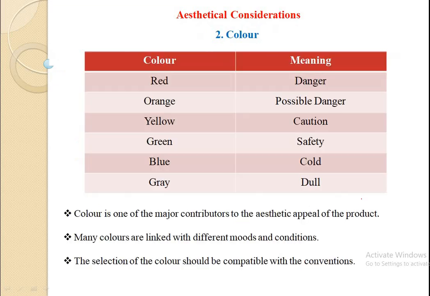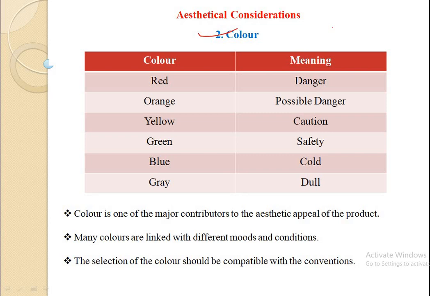Now the next parameter in the aesthetical consideration is the color of the product, or indication of color. How can we use color as an indication for a particular application? Color is one of the major contributors to the aesthetic appeal of the product.